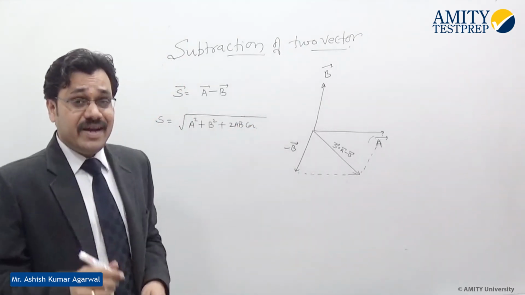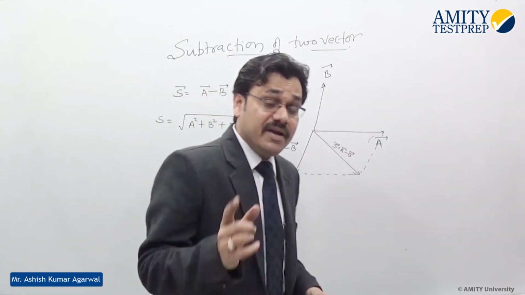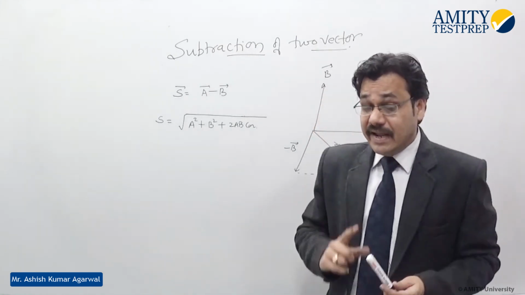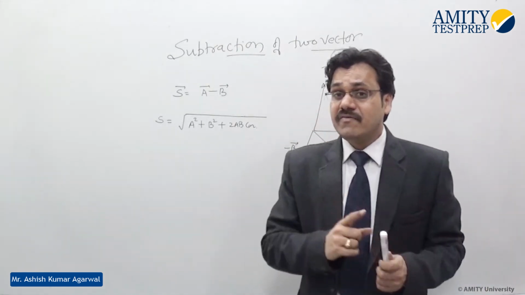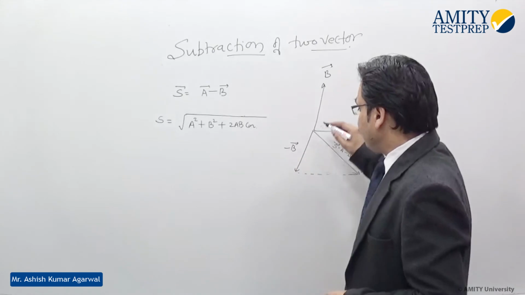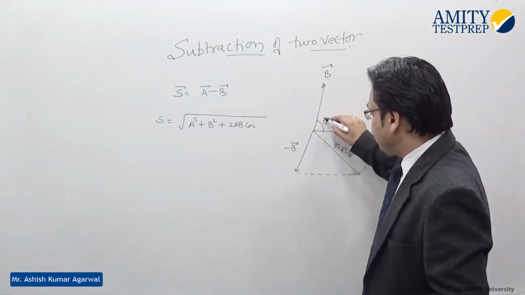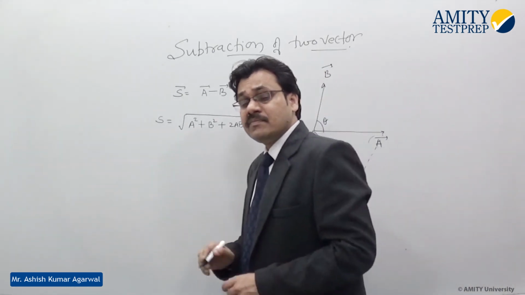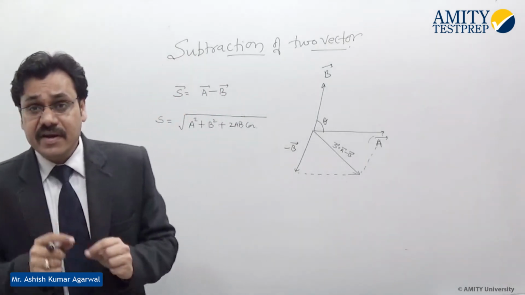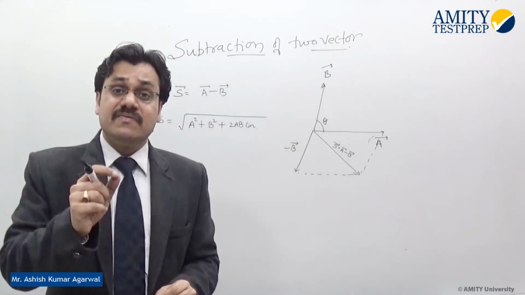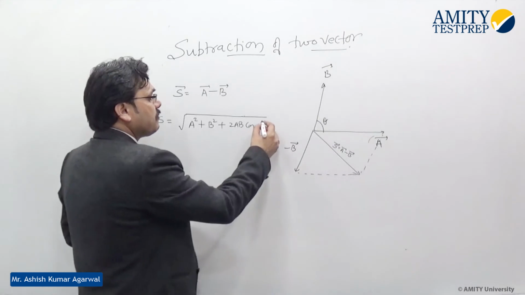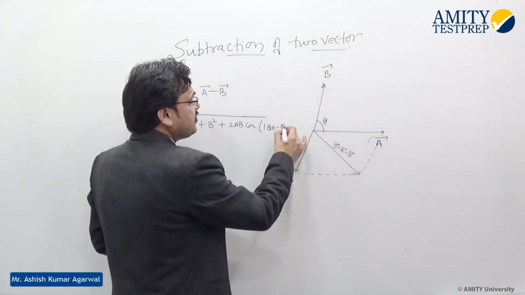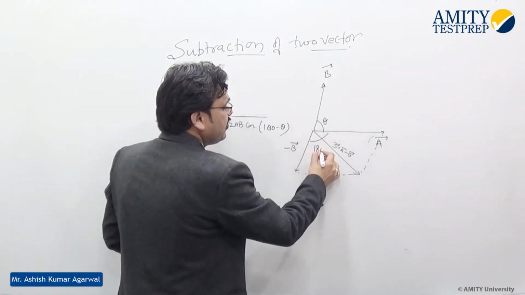Now what is the angle here, as you are adding vector A and negative of B? If the angle between vector A and B is theta, the angle between vector A and minus B is 180 minus theta. So you have to apply 180 minus theta here.